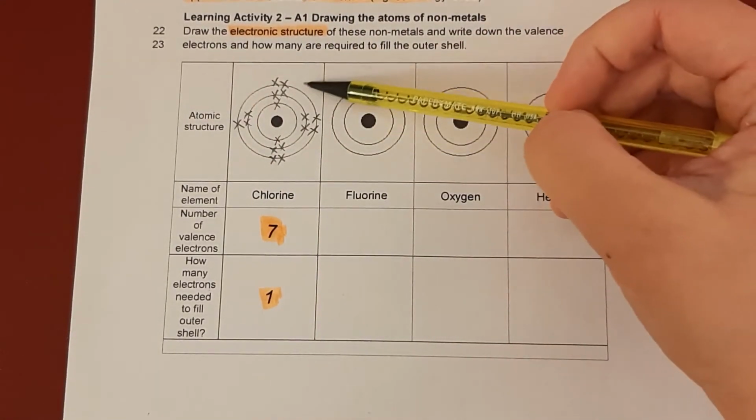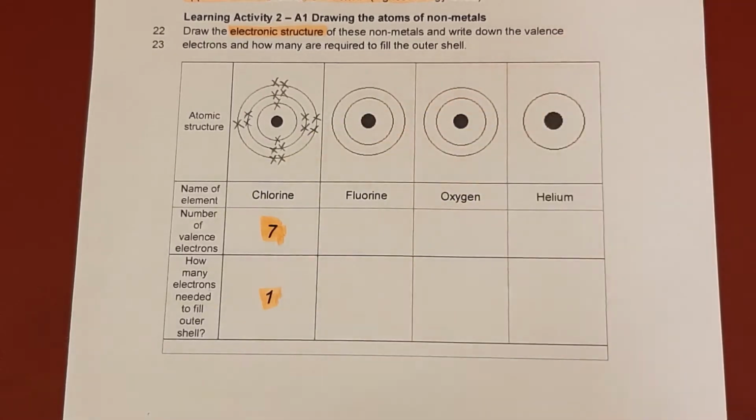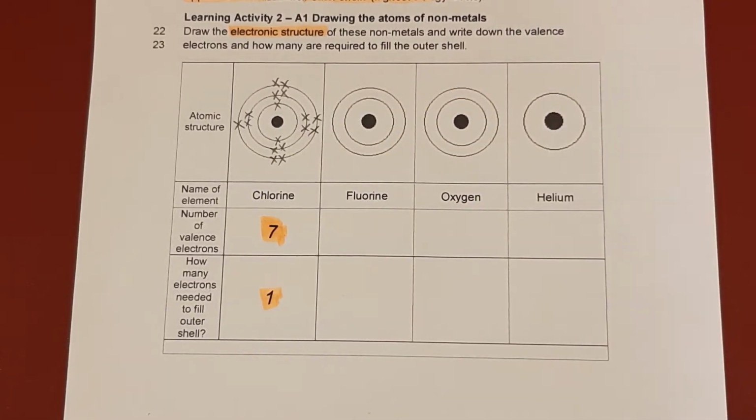Now, this style of drawing these electrons that I've done, doing them in little pairs together, this is the accepted format that scientists use when drawing these electronic structure diagrams. Now, electrons are negatively charged particles, so they repel each other. However, we don't really teach this until you're a lot older, but electrons like to go around in pairs.